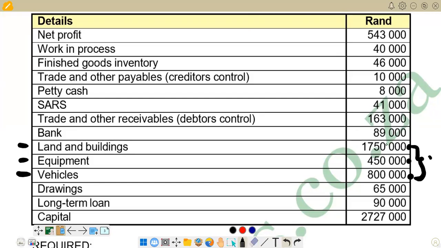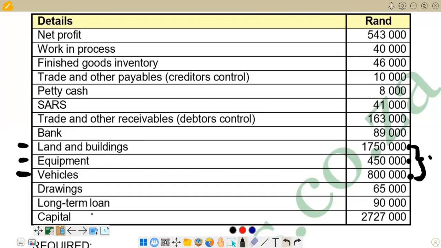If you add these three, the total is 3 million. Don't put them individually, with land and buildings separately and equipment separately. You just add them together and put them as one figure.